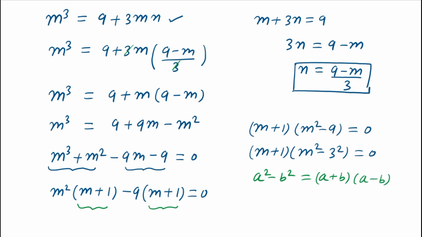If we apply this rule here, then m plus 1 times m square minus 3 square is the same as m plus 3 times m minus 3, and this is equals to 0. In the left hand side we have m plus 1 multiplied by m plus 3, multiplied by m minus 3, equals 0.